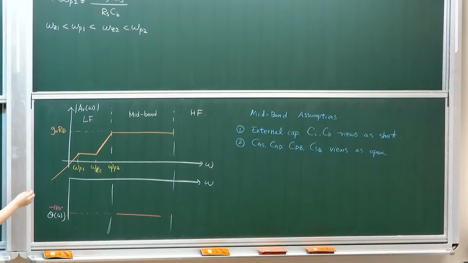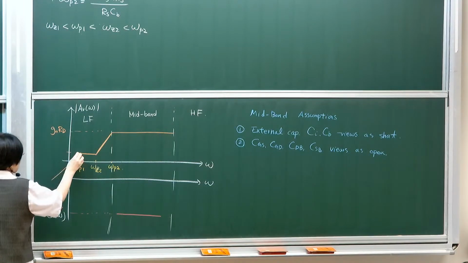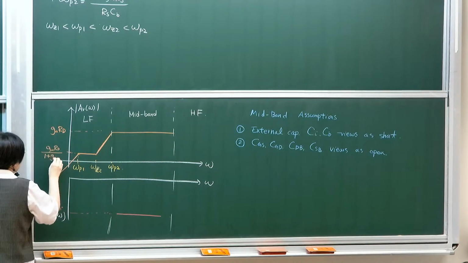And we know this level is when, between omega P1 and omega Z2, this is viewed as open, this is viewed as short. So you get the degenerated results, meaning that this level should be GMRD over 1 plus GM RS.